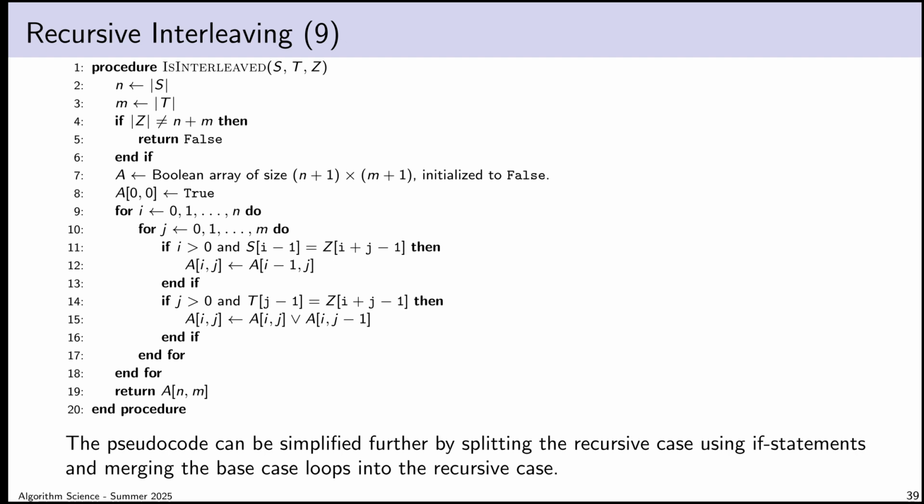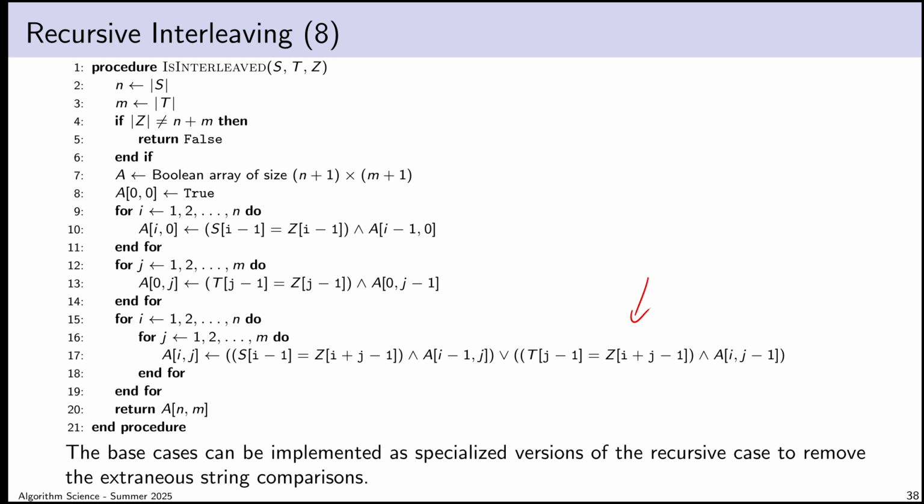It's the same recursive decomposition, but I've boiled it down to something that's a bit simpler code-wise. So not only have I split that long formula into two pieces, notice how I've also gotten rid of those two separate loops for the base case. So these loops are gone, and the reason I can get rid of them is if I stare at this for a minute, what I notice, if I look at, let's say, this formula here, this looks a lot like this formula for the case where j equals 0.